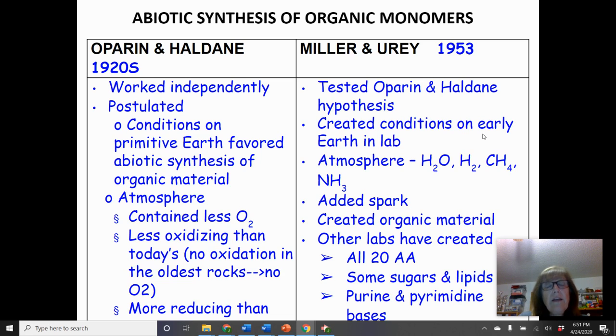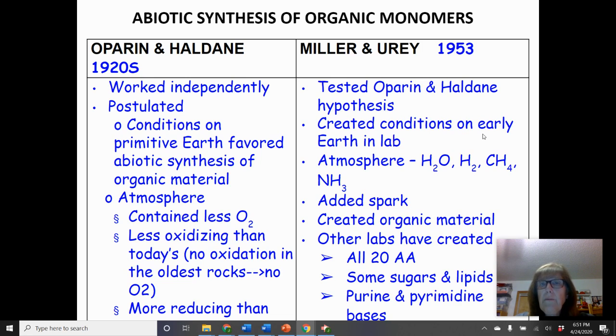As part of that, they said the atmosphere of early Earth contained less oxygen than it does now. And because it was less oxidizing, there was no oxygen available. As a result, they hypothesized that these inorganics could make organics.